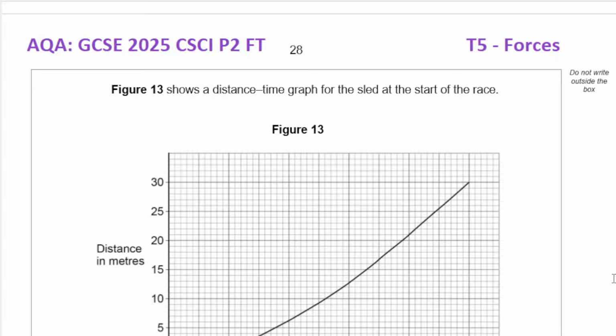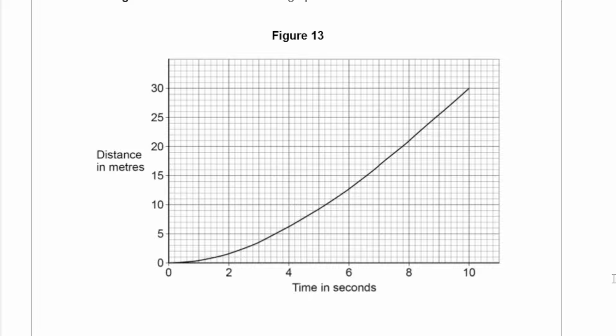Figure 13 shows a distance time graph for the sled at the start of the race. So you have a distance time graph, and the distance is slowly increasing, and then after about 6 seconds it's actually a straight line, right?